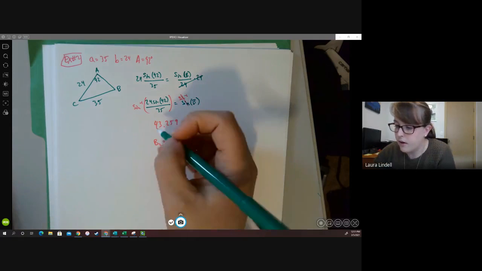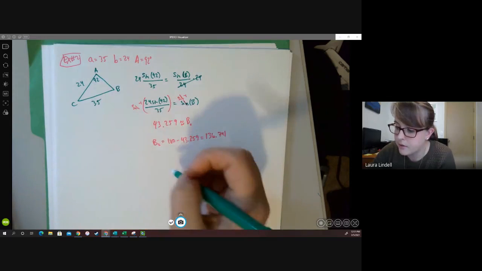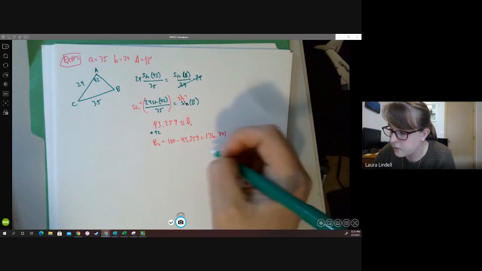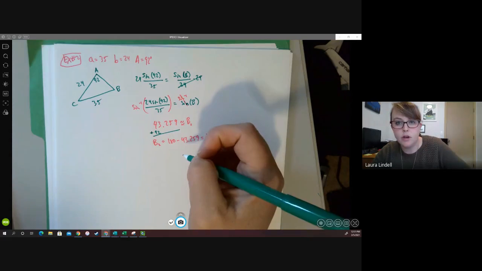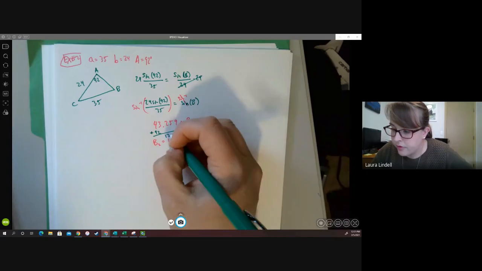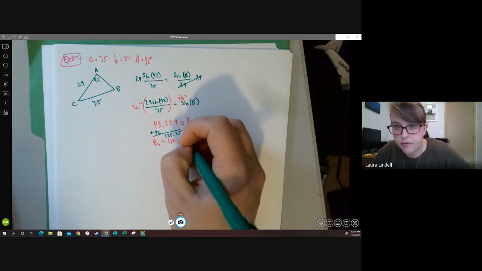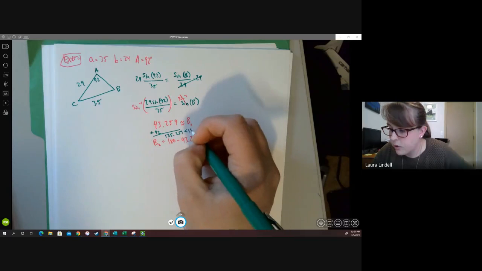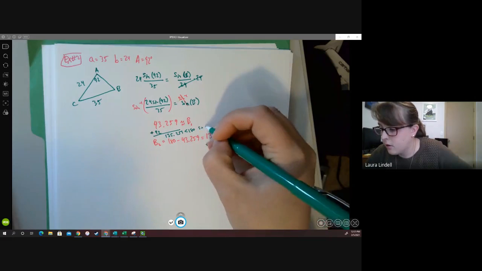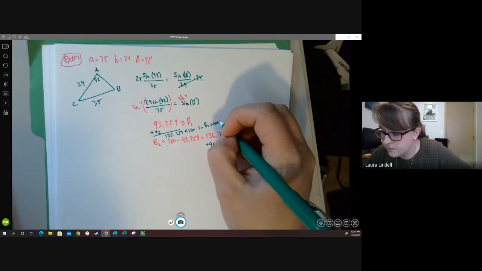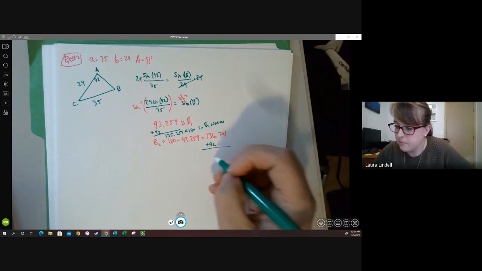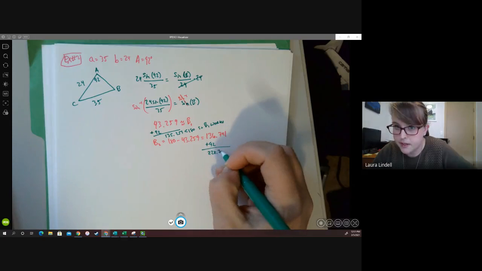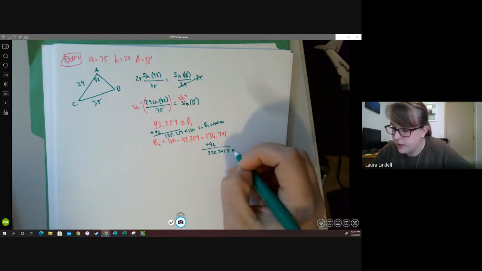All right, so my other angle that I already know is 92. So I'm going to add 92 to both of these. If I add 92 to B1, we get 135.259, which is less than 180. So we know that B1 works. B2, on the other hand, comes out to 228.741, which is greater than or equal to 180. So this one doesn't work.